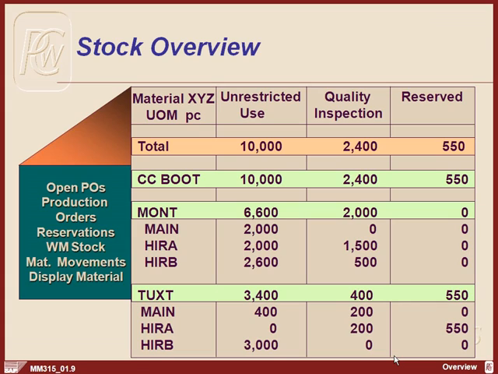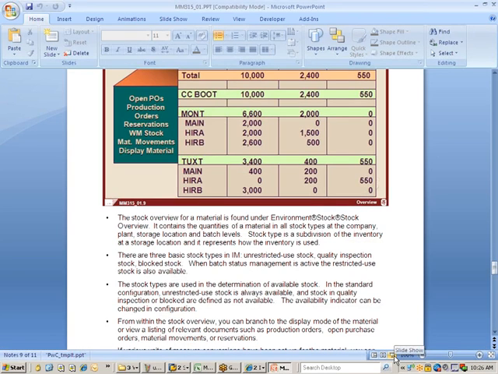It will tell you what is the total stock available of a certain material at multiple organizational levels: at storage location 1, at multiple storage locations, at plant, at company code, at batch level, even the material provided to the subcontractor, or if you have any consignment material, the material provided by your consignment vendor. So all these things you can see from the stock overview, which is a very important report in inventory management.